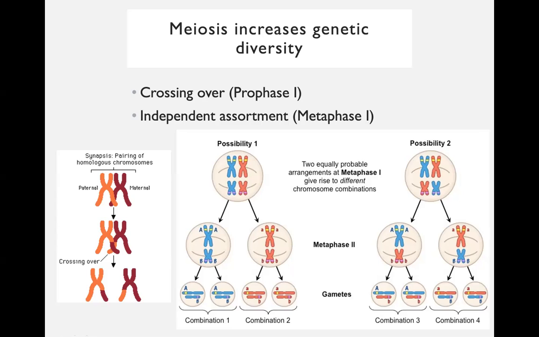In possibility 2, you have the green and the red, or the blue and the red, if you're on Zoom. You can see at the bottom what that does to the 4 gametes that are produced. You're going to end up with 2 different combinations of gametes. Any questions about that? Genetic diversity stuff. Okay.